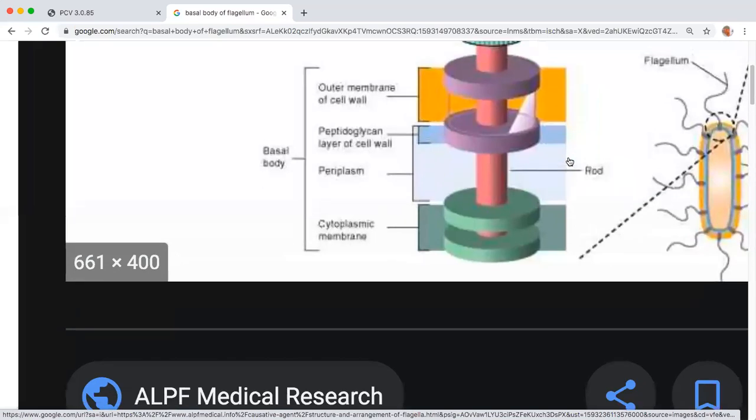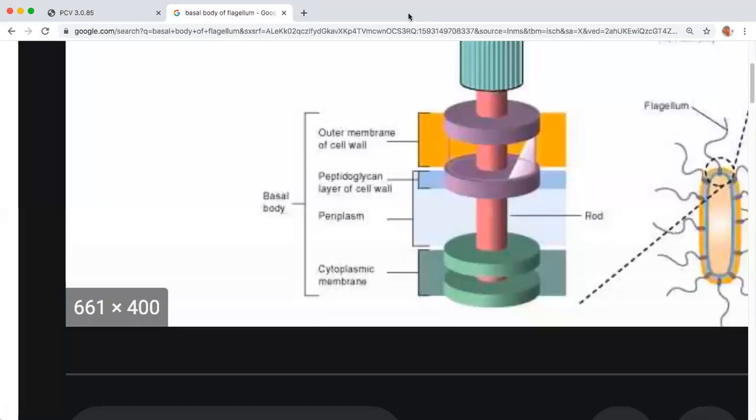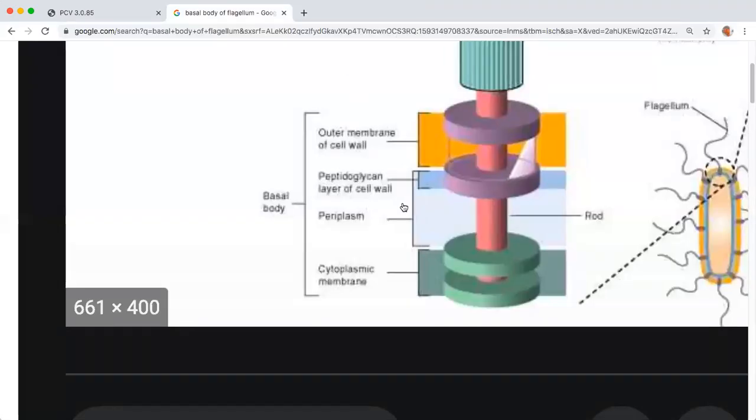You see here, are you able to identify what kind of cell wall this is? Can you quickly tell me? Now look at this diagram and tell me whether it is gram positive or gram negative.